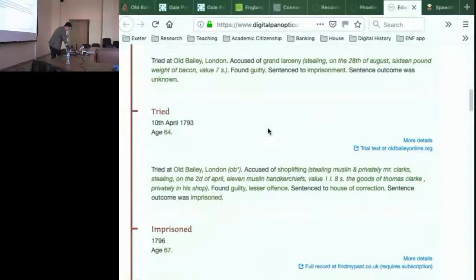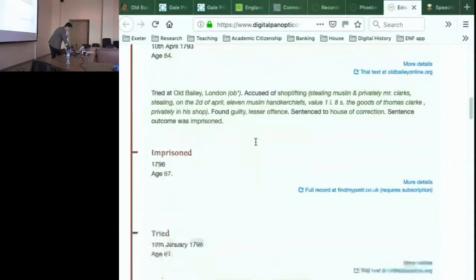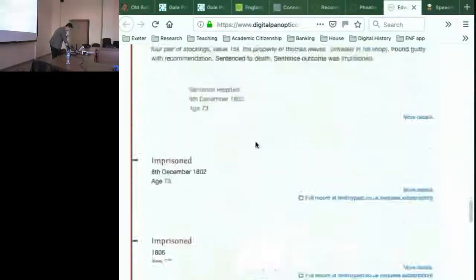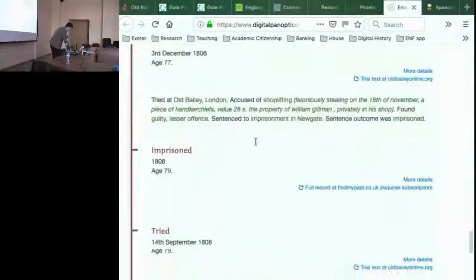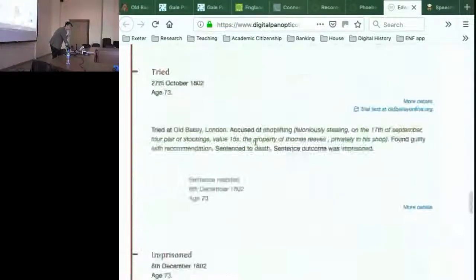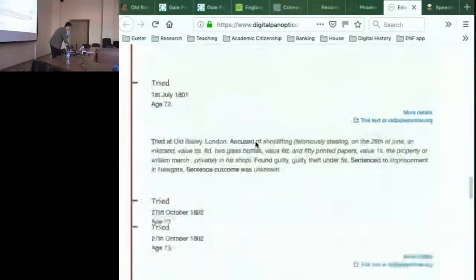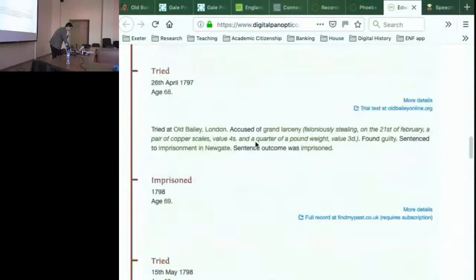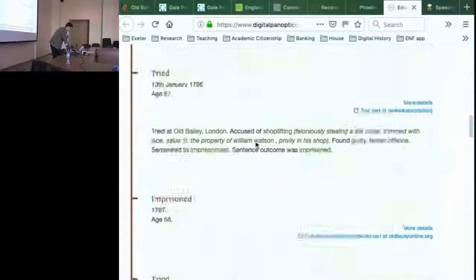After serving out his term of imprisonment, he was then tried a further 9 times into his 60s and 70s. At one point, he was convicted of shoplifting, which is a relatively serious offence. He was sentenced to the death penalty, but then he was pardoned on condition of imprisonment.